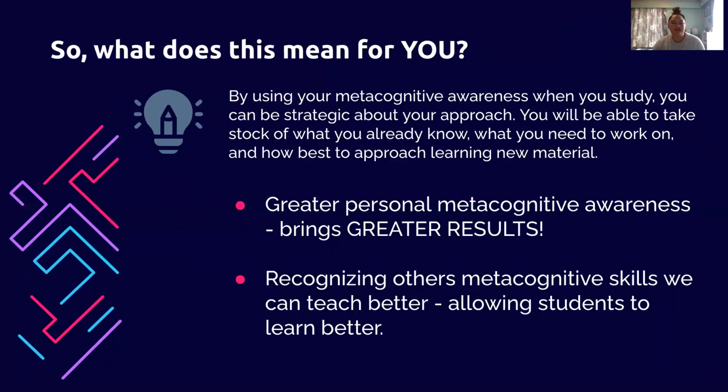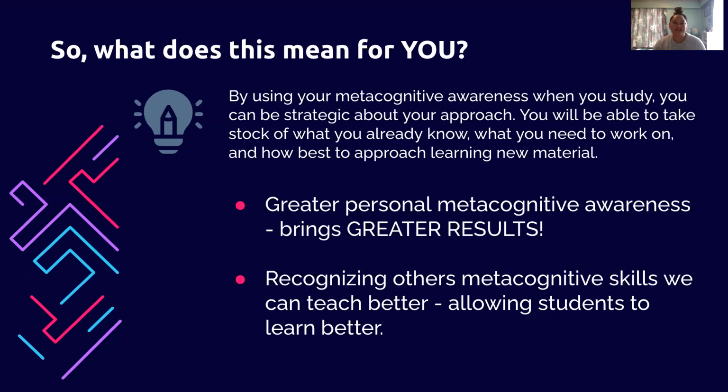For example, me going into this presentation, I hate reading the textbook, so it's a bit difficult for me to do that. But if I kind of look at the different graphs and things, that definitely helps me. And so you guys might have your own study techniques or different things that might help you. But just know that the greater personal metacognitive awareness you have brings greater results. You're able to soak in information more efficiently.